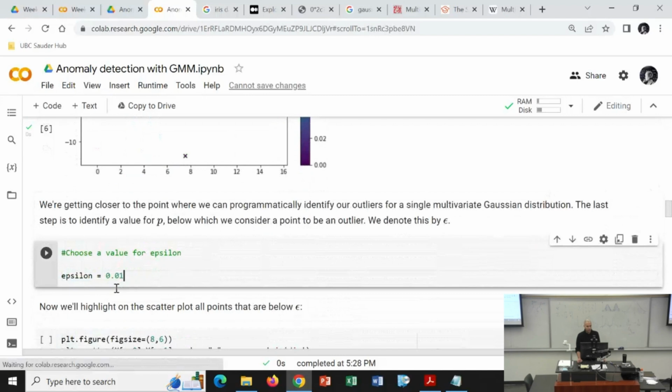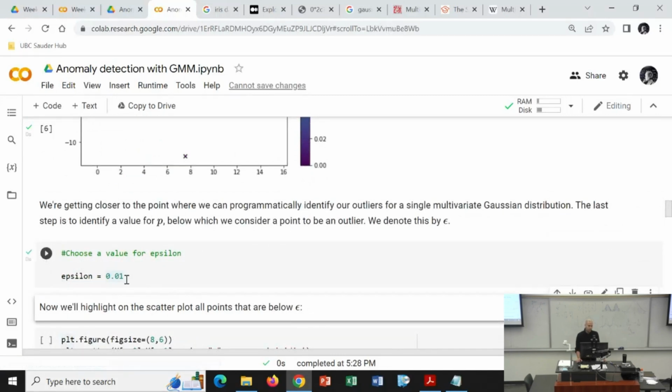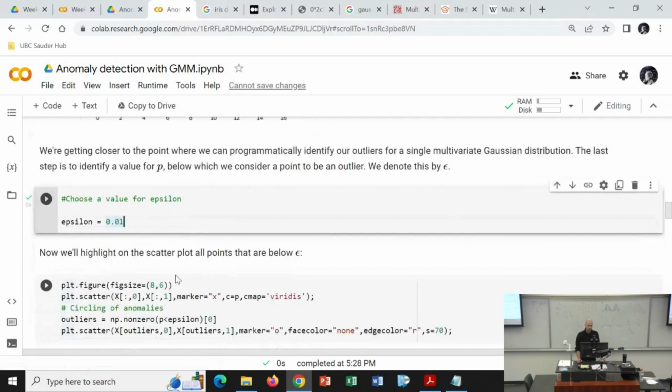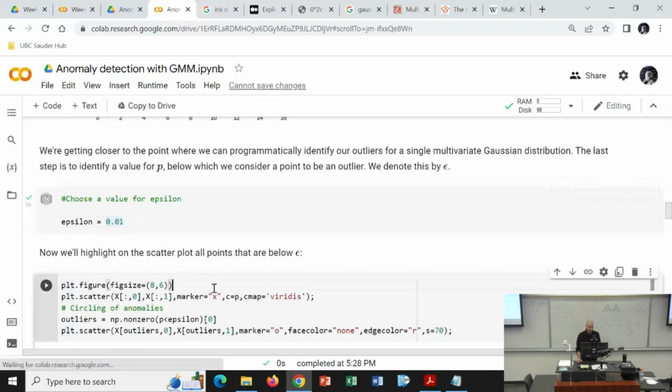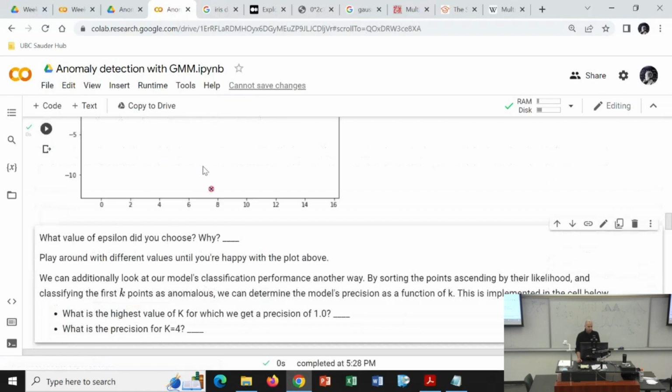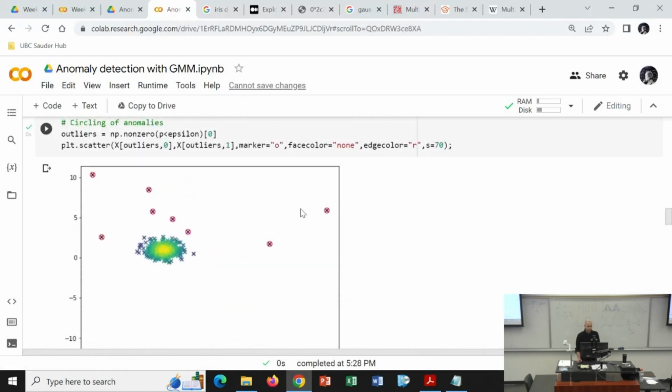So if we use a threshold, something like 1%, then we can separate these. I used a threshold of 1%, rather arbitrary for now. And you can see that here I've marked those whose p value is smaller than epsilon.